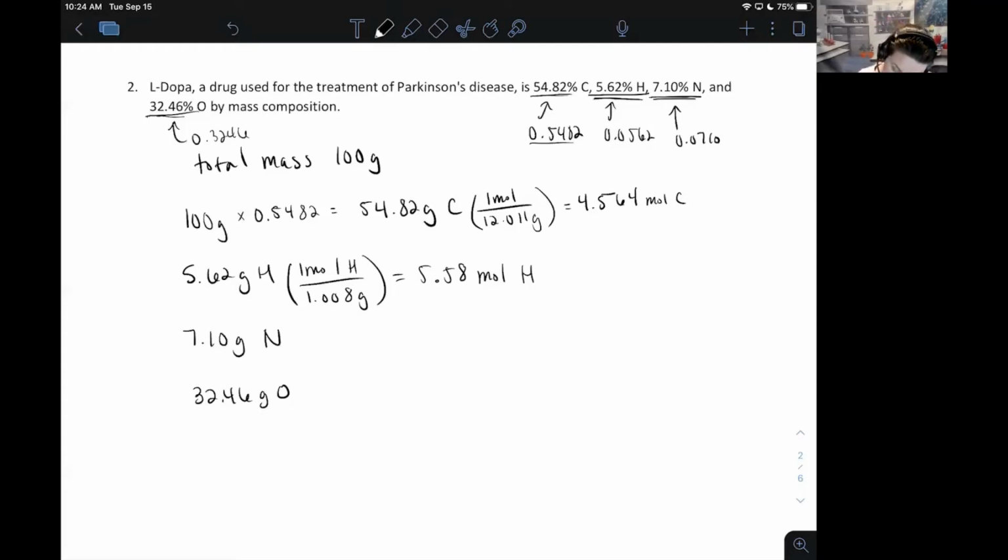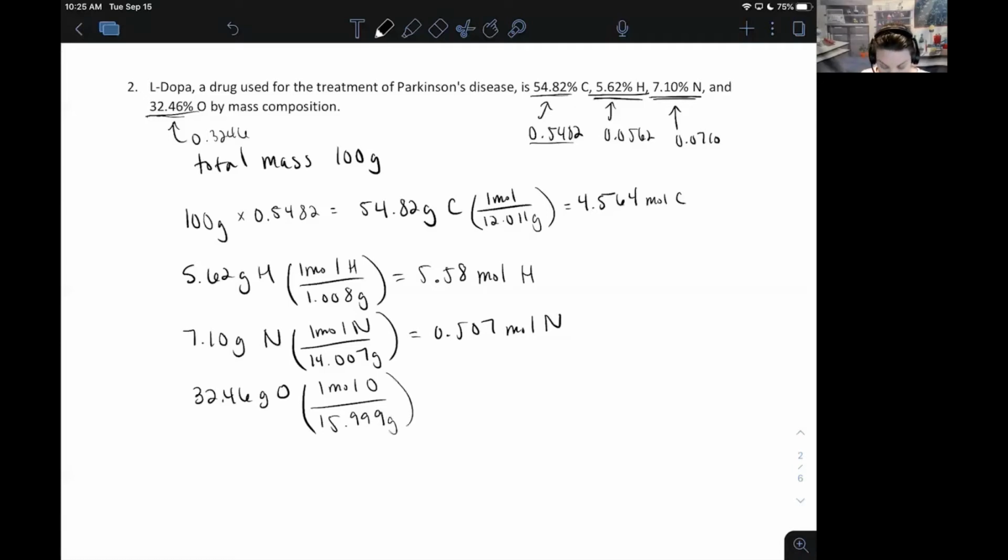Then we'll take our nitrogen. 1 mole of atomic nitrogen has a mass of 14.007 grams. So we'll take our 7.1, divide it by 14.007, giving us 0.507 moles of nitrogen. Again, 3 significant figures. And then our oxygen, 1 mole of atomic oxygen is equal to 15.999 grams.